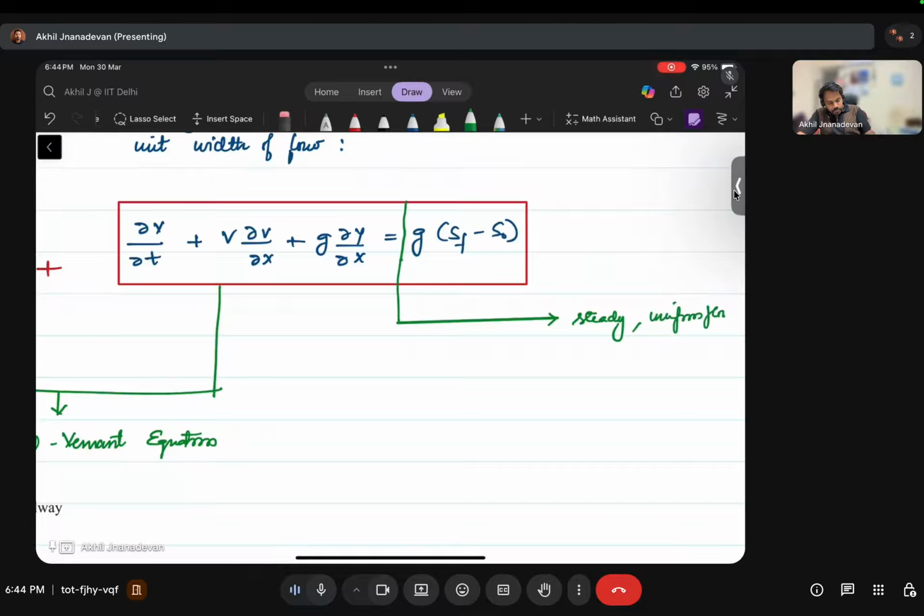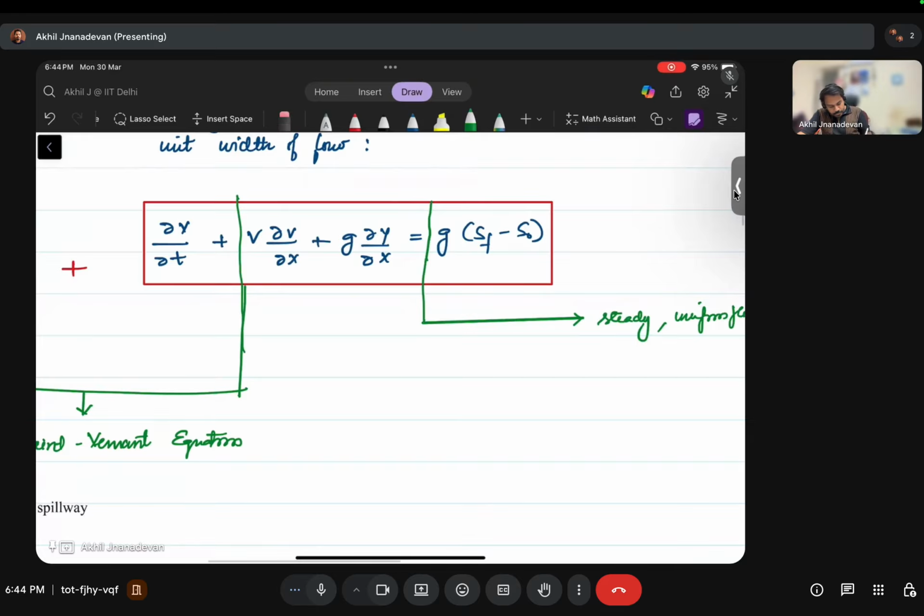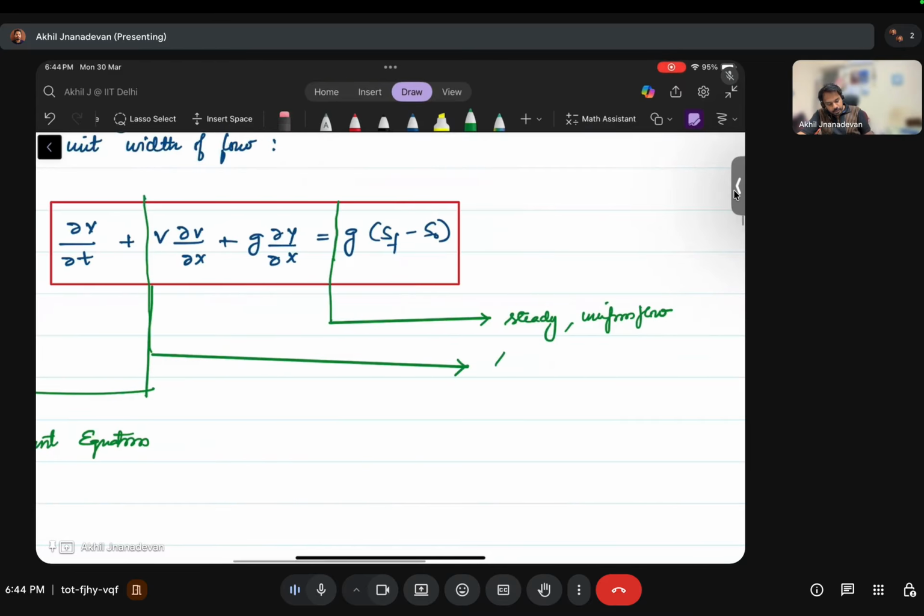So for steady uniform flow, all the derivatives with respect to time and distance x become equal to 0, right? For steady non-uniform flow, we'll get an expression like this: dV by dt becomes equal to 0, and the rest we get for steady non-uniform flow.